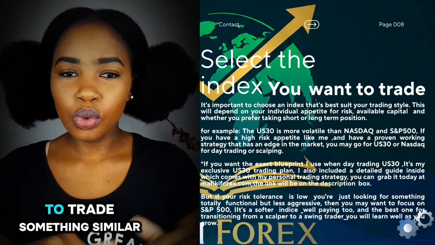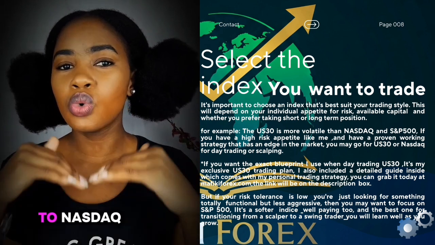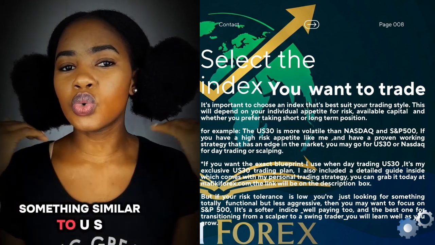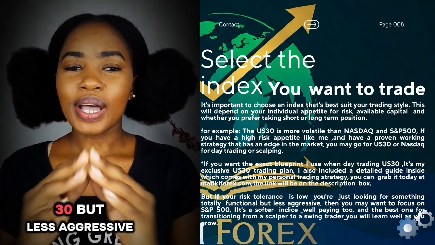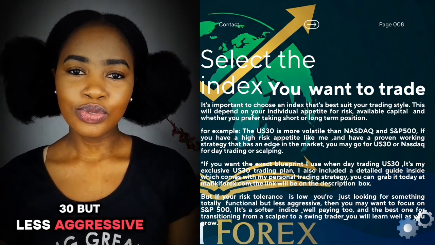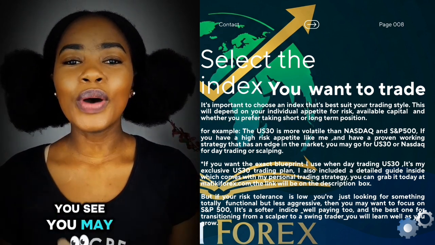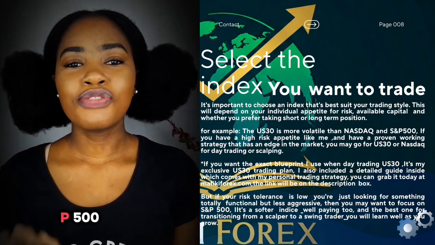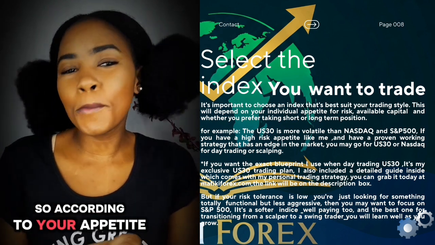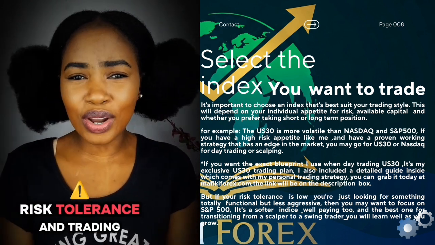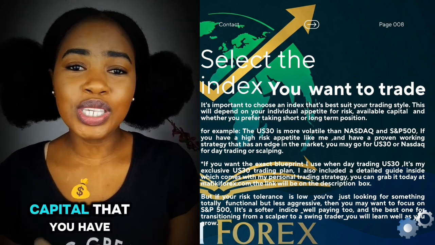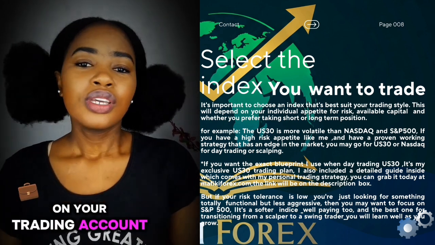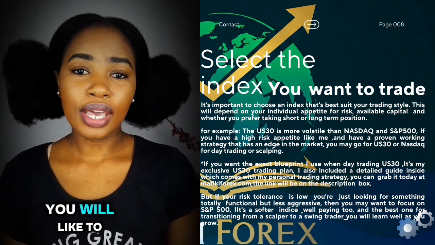But if you want to trade something similar to Nasdaq, something similar to US30, but less aggressive, you may want to trade S&P 500. So according to your appetite, risk tolerance, and trading capital on your trading account, decide the pair that you would like to go for.